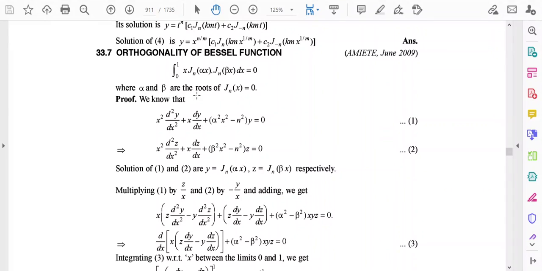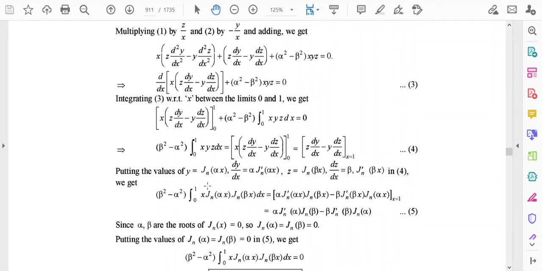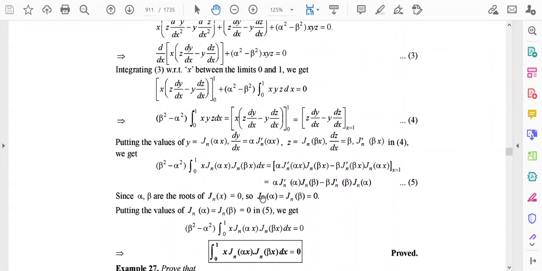Now we have to keep in mind that in the question it was mentioned that alpha and beta are the roots of Jn(x) equal to 0. That means Jn(alpha) and Jn(beta) are equal to 0. So wherever we find Jn(alpha) and Jn(beta), we have to put 0. With these values, the right hand side will become 0, so the right hand side of equation 5 is 0.